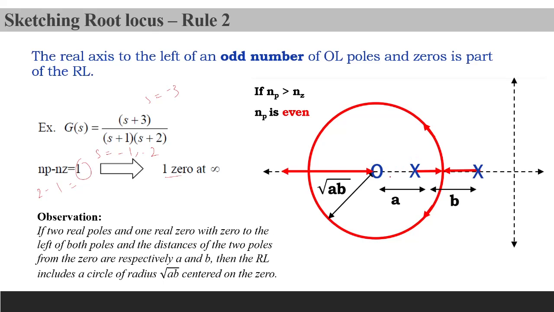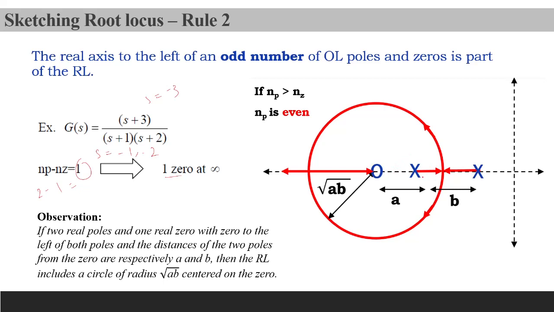But the question is, if I join this pole with the zero, how am I going to be able to join this pole to the zero at infinity, right? So I have to either overlap this pole pair, which is not allowed, because by principle and by rules, a root locus cannot intersect with any other poles and zeros irrespective of its pole pair, and also it cannot cut or intersect through any other root locus.